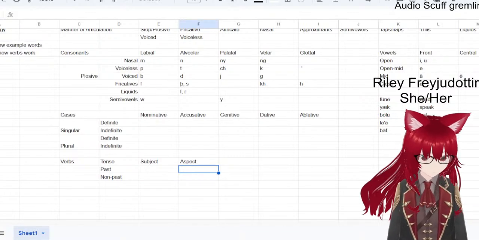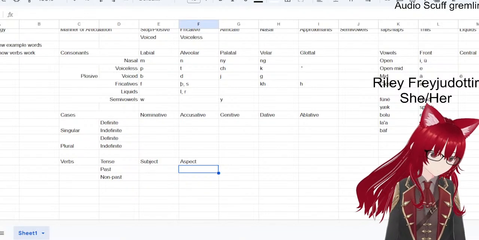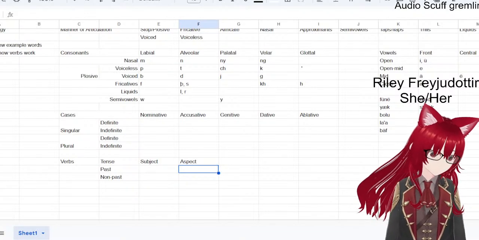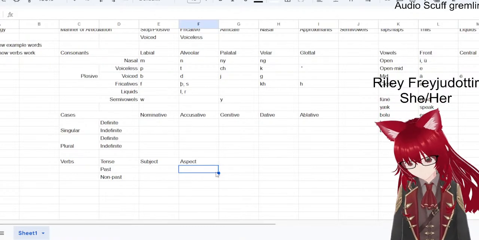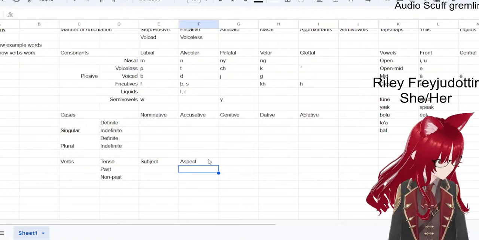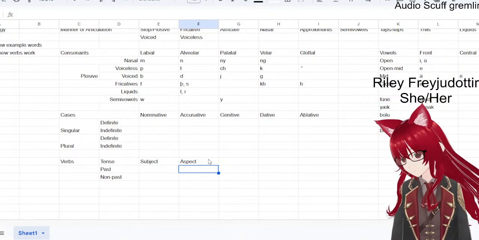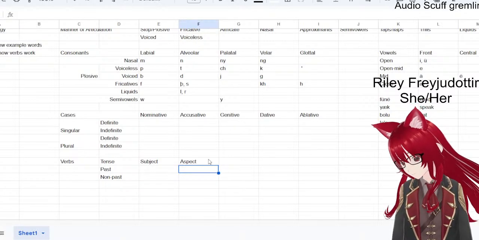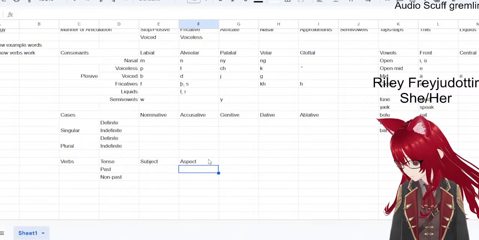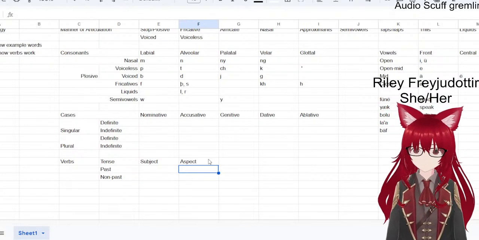So if you say "I went to the store," that is an example of a perfective conjunction. It's sort of difficult in English because English verbs are weird. But yeah.